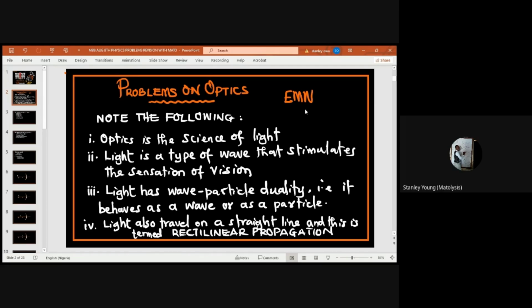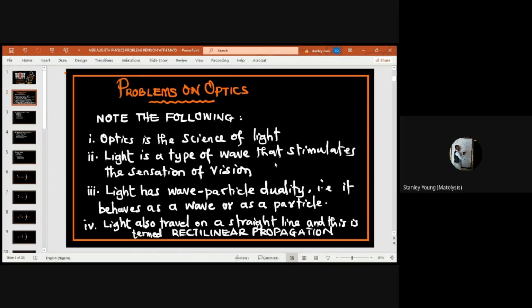And it is also a transverse type of wave because the direction of propagation of light is always perpendicular to the direction of vibration of the particles, I mean the particles of the medium in which it moves. So in such a situation, we can say that light is a transverse wave.